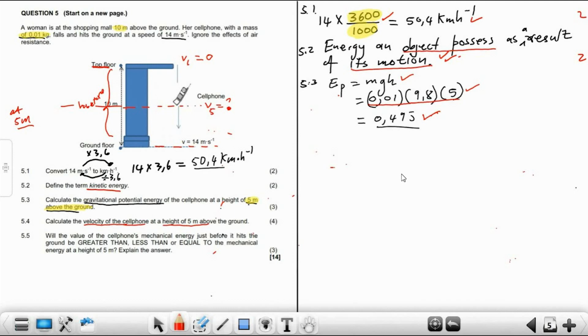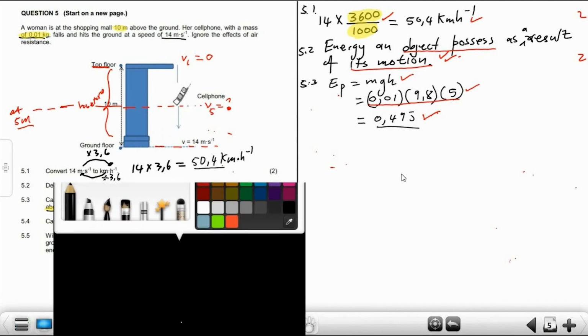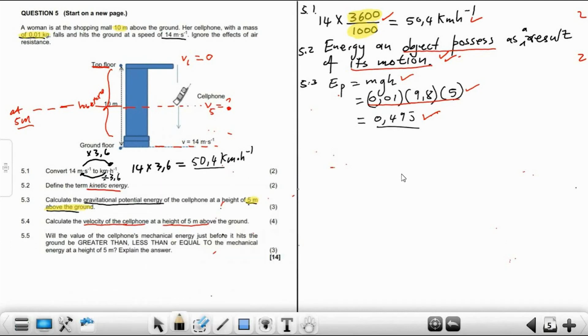So remember, I said the examiner will always have a way of giving us the reference point to focus on. So let's write an equation that we can use. Once we have two reference points, the top of the floor and 5 meters, I have two points I need to consider. Can I apply conservation of mechanical energy? What is the hint?